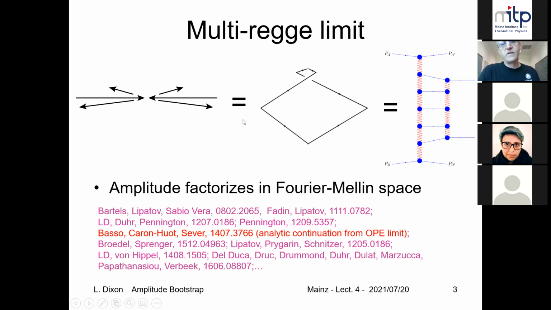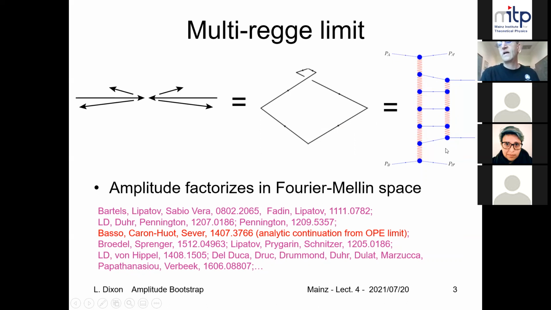Now, this limit has been studied for many years, and in QCD it's called the BFKL limit. There's a kind of factorization that takes place, involving a ladder of what are called Reggeized gluons being exchanged in the t channel.